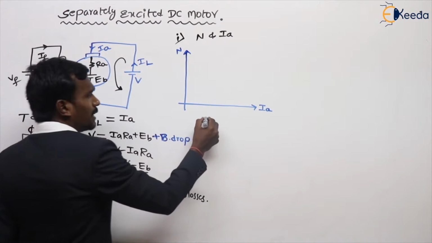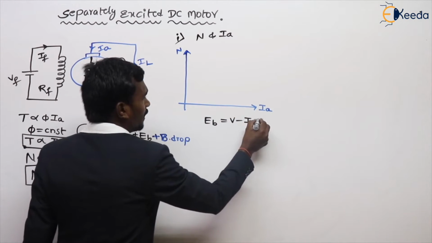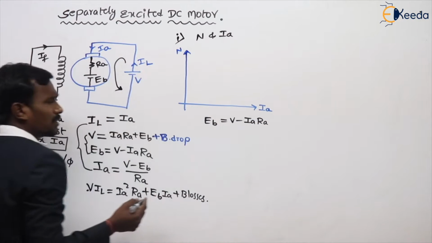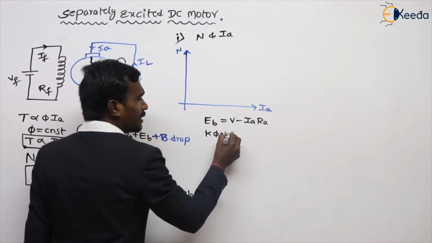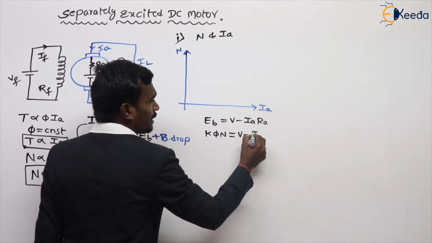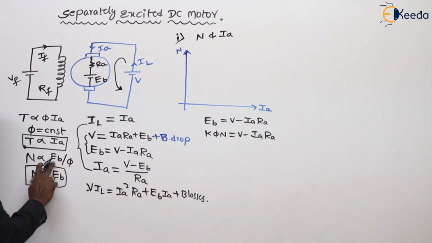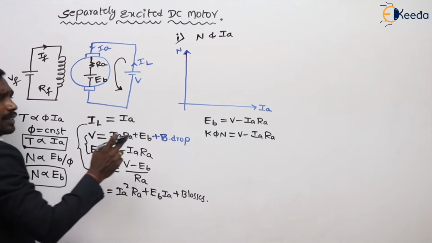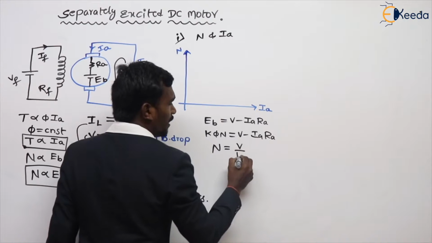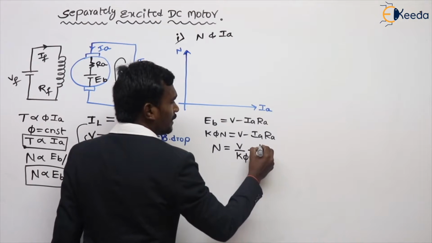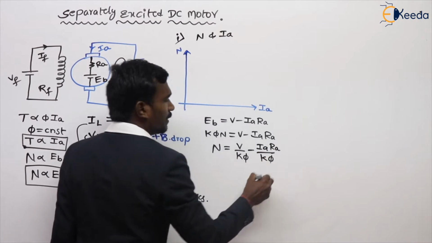See, we know that EB is equal to V minus Ia RA, but we know that EB is equal to K phi N. EB is directly proportional to phi into N, right? From that K phi N, I want N. N is equal to V by K phi minus IA RA by K phi.